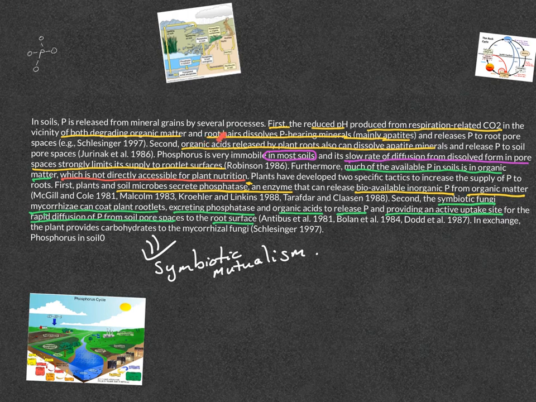But here we're talking the root hairs can take that phosphorus that's been dissolved by the acids that are created when decomposers degrade or eat organic matter. They are doing respiration, and so they're producing CO2. They're producing carbonic acid. They're producing other types of acids that then help dissolve the phosphorus. That dissolved phosphorus then is released in a soluble form so that the root hairs can absorb it, can assimilate it.